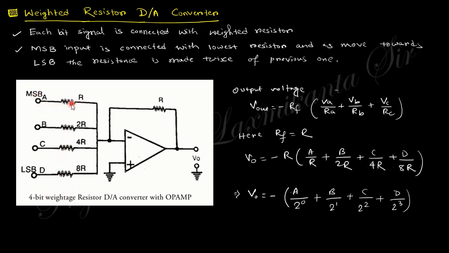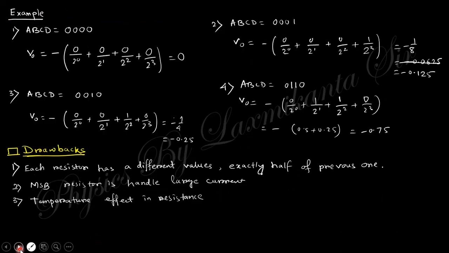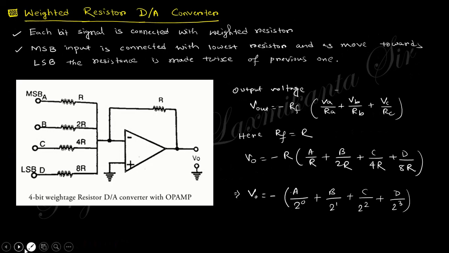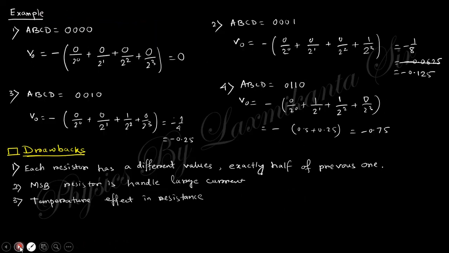There is a huge current flow, so you need to consider the power rating of the resistor as well. Okay, and the temperature effects on the resistor also matter. So these are the drawbacks of this weighted resistor digital to analog converter.